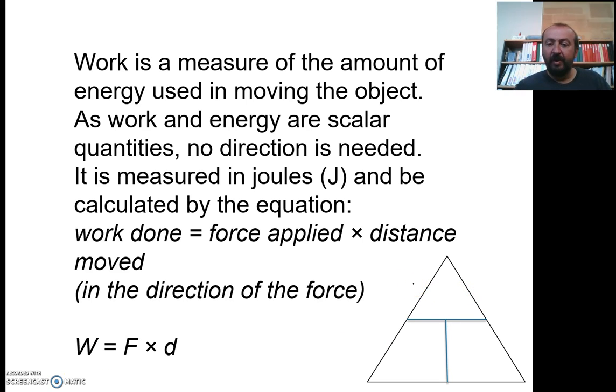So remembering that we have to have a divide sign there, and down at the bottom here we have a multiplying sign. So I just want you to take a minute, just turn the YouTube video off and have a think about where you would put the W, the F and the D to make sense in this triangle.